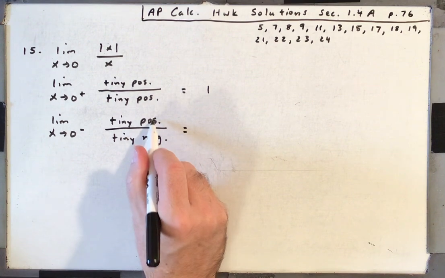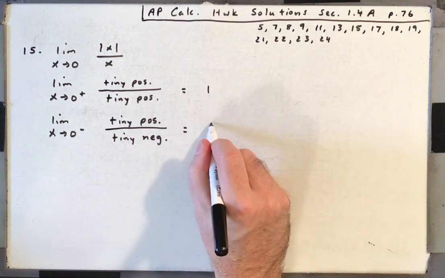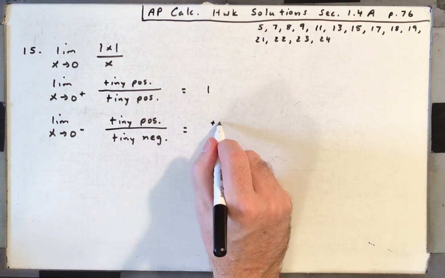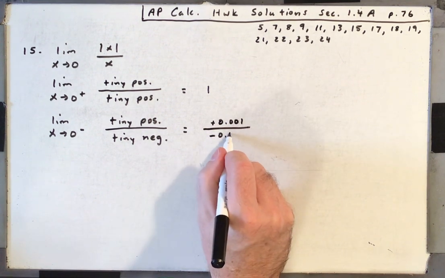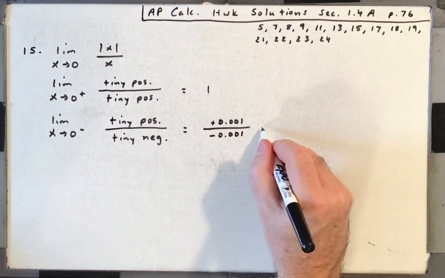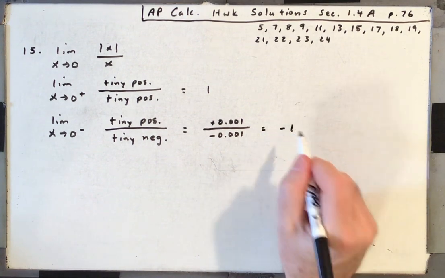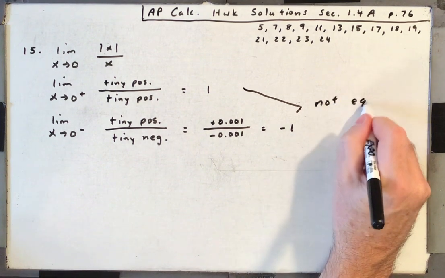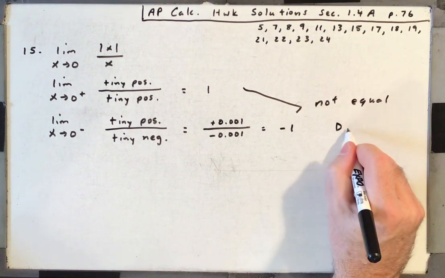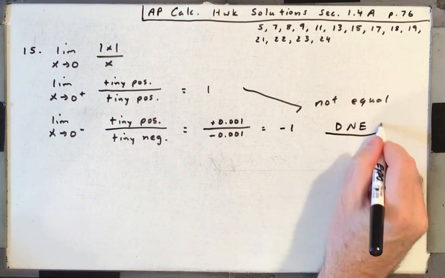So for example, let's say that's positive 0.001 over negative 0.001. You put that in your calculator, it will give you -1. So they are not equal. So the answer is that the limit does not exist.